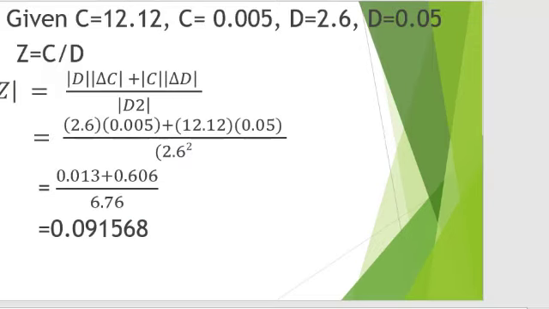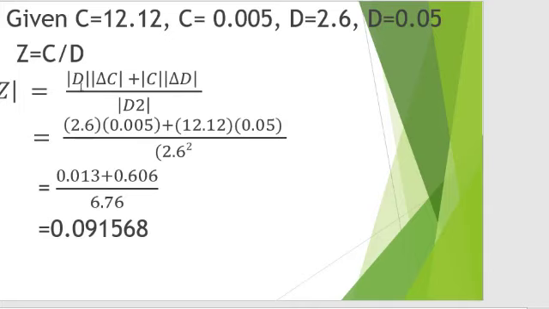Roman 4, given C is 12.12, the error embedded in it is 0.005. Then D is 2.6, the error embedded in it is 0.05. Then we are looking for C over D. Then it will be the expression for the maximum absolute error. It will be D times change in C plus C times change in D over D squared.